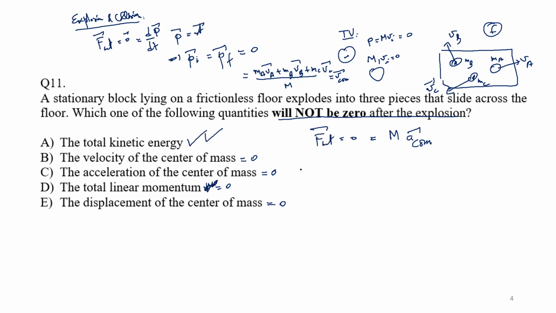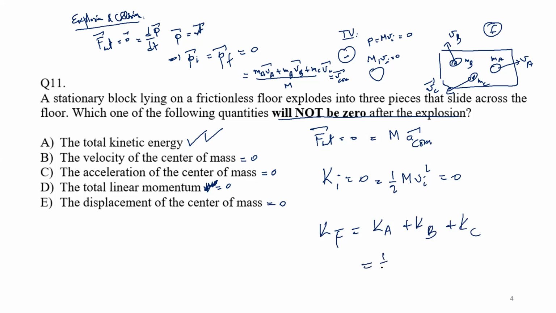Because the total kinetic energy before is 0. It's half m v initial squared, but v initial is 0. But after, it will be kinetic energy of piece A plus kinetic energy of piece B plus kinetic energy of piece C, basically half m_a v_a squared plus half m_b v_b squared plus half m_c v_c squared.